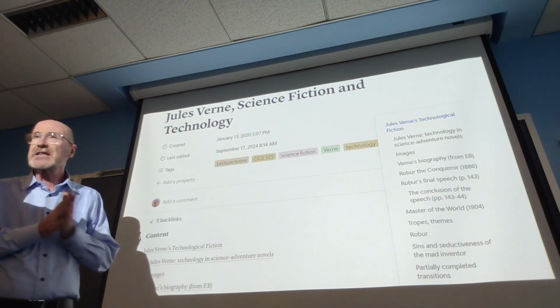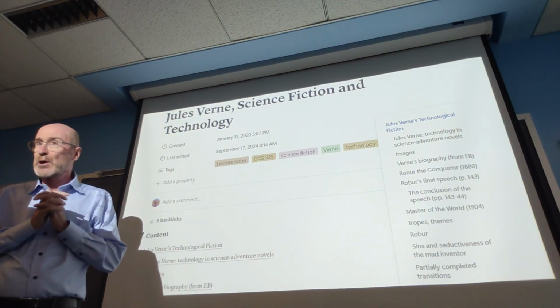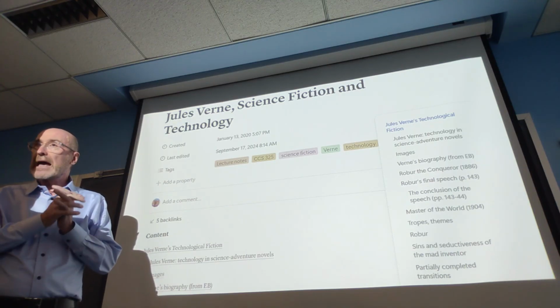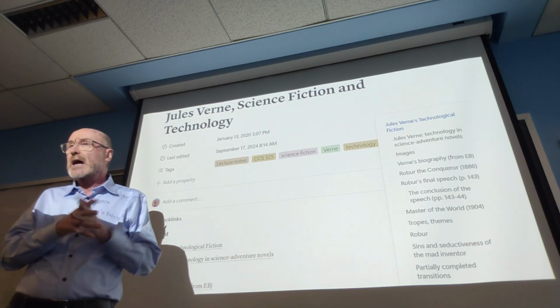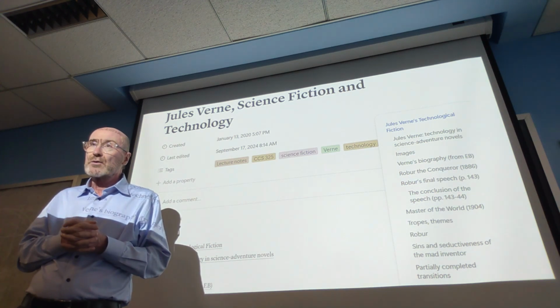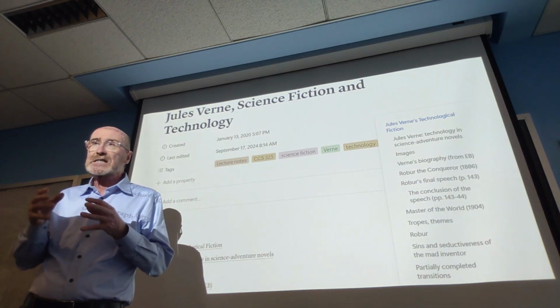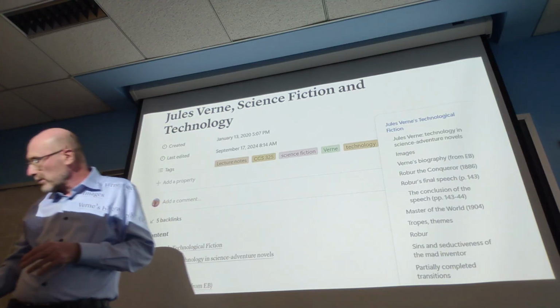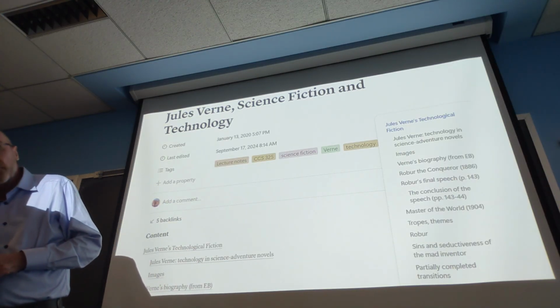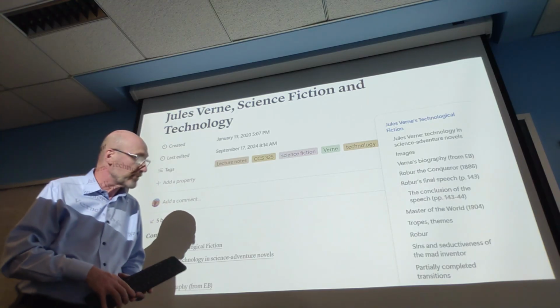This is one of the presentations that you find under week 4, and it's linked there. It's a separate module, and there you will find also the readings, which are excerpts from The Master of the World, a novel published in 1904 by Jules Verne.